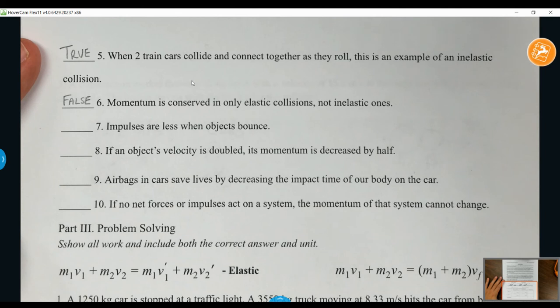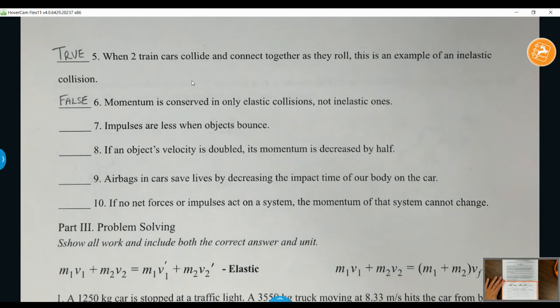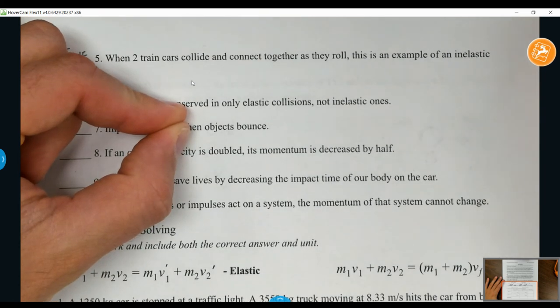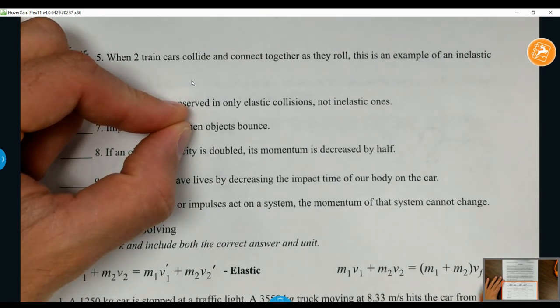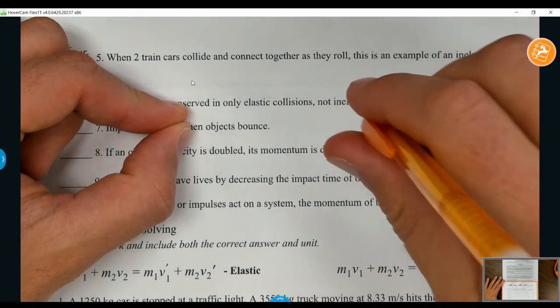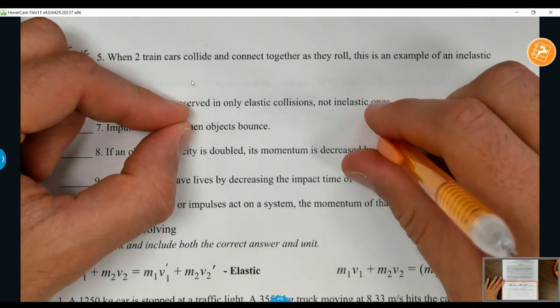Impulses are less when objects bounce. So it was from a video that we had watched. We had two balls, right? The one dropped and hit right away and landed. An identical one, but instead of slamming and just stopping instantly, it bounces a little bit.